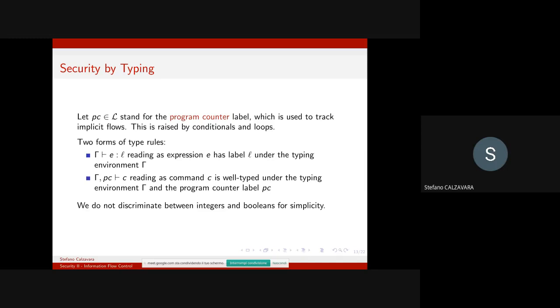So by raising the value of the program counter label, once we perform conditionals and loops, we're actually able to track useful information about the fact that our program is computing over confidential information. And we can use the program counter label to rule out some programs which would be fine by themselves, but were not fine anymore because we execute these programs inside a context which might reveal private information.